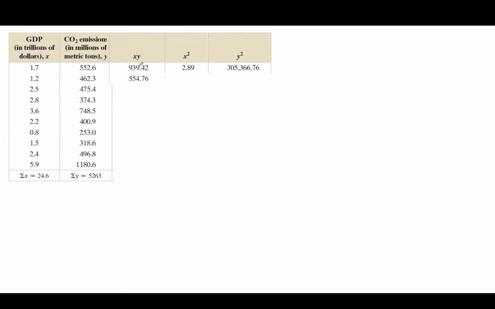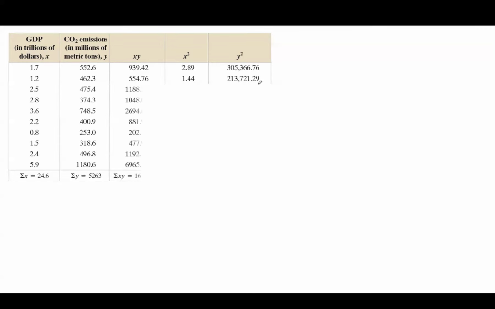On the second line, you're going to multiply x and y, which is 554.76. You're going to multiply x by itself, 1.2 times 1.2, which is 1.44. You're going to multiply y by itself, which is 462.3 multiplied by 462.3, which gives you 213,721.23.